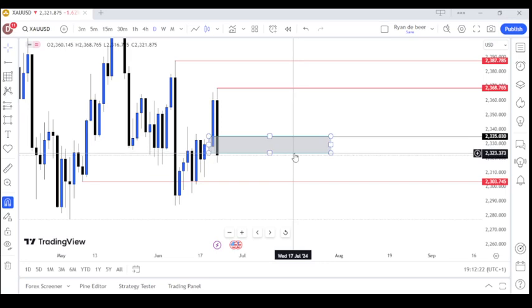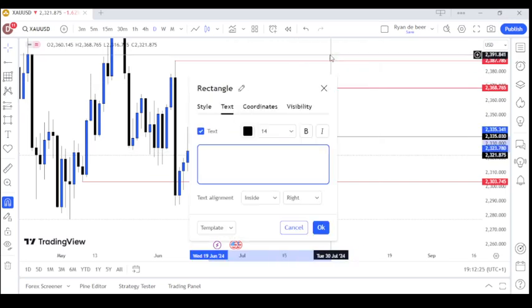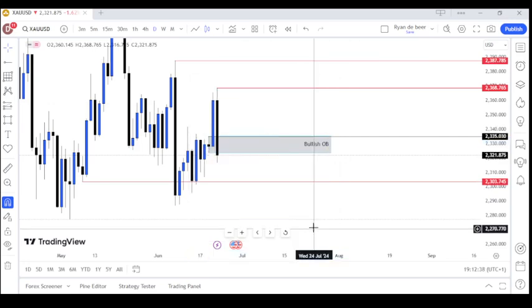As you can see, we did push past it, so we'll see what happens. Just want to see what happens on this, because it might be invalidated, so we'll still see.